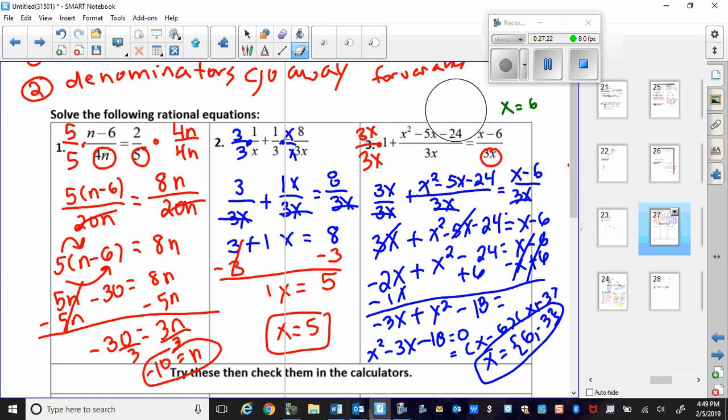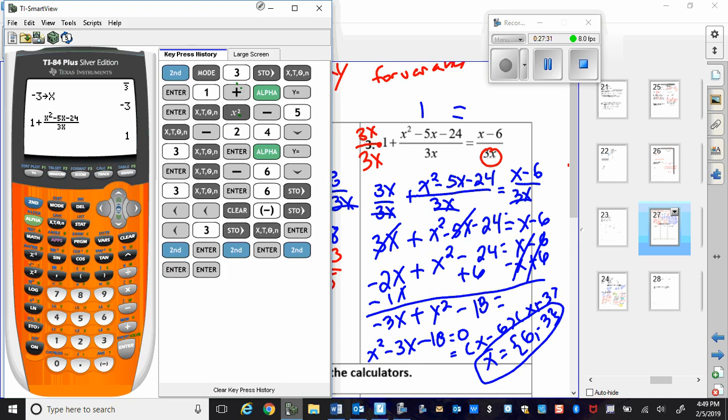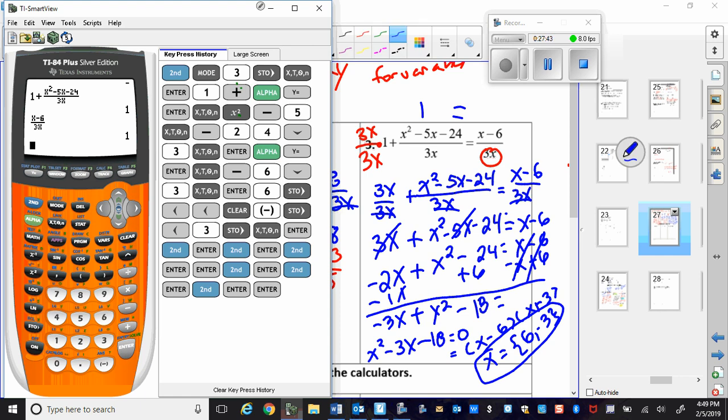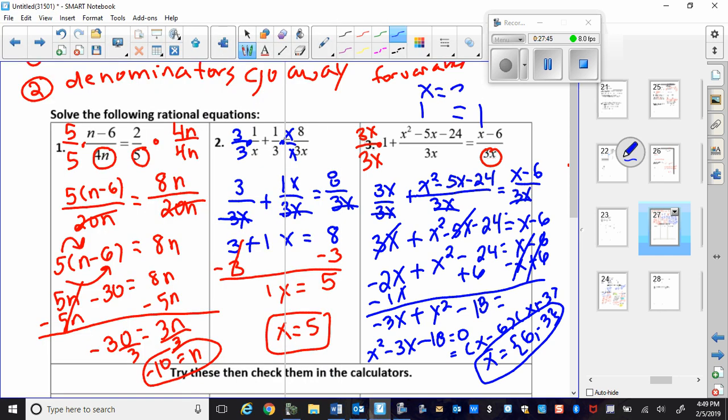So when x equals negative 3, I have 1 on the left. Does 1 equal the other side? Pull up the other equation, or you could just type it. 1 equals 1. So this one works. x equals 3 works. Negative 3 works.